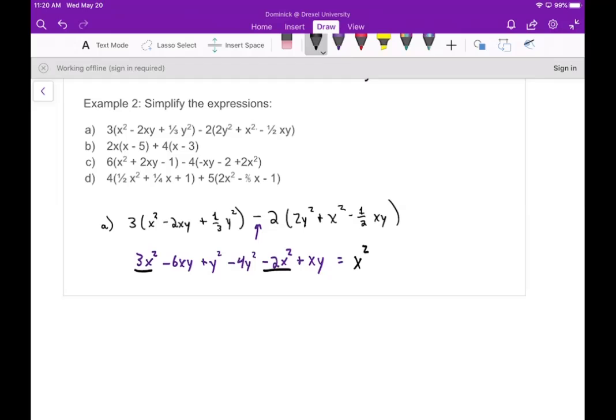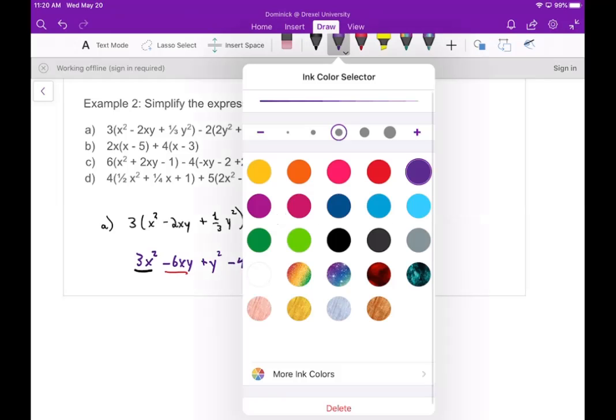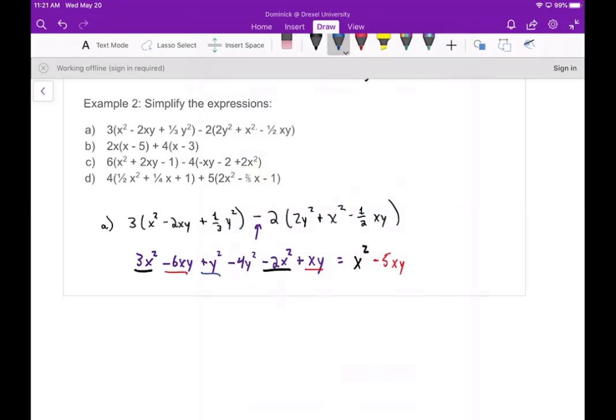So together they will make just a positive 1x squared, or just x squared. Minus 6xy and a plus xy. So it looks like together they are minus 5xy. And then finally, I have a y squared and a minus 4y squared. So together they're minus 3y squared.